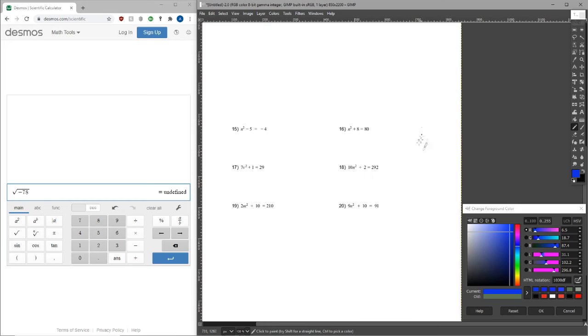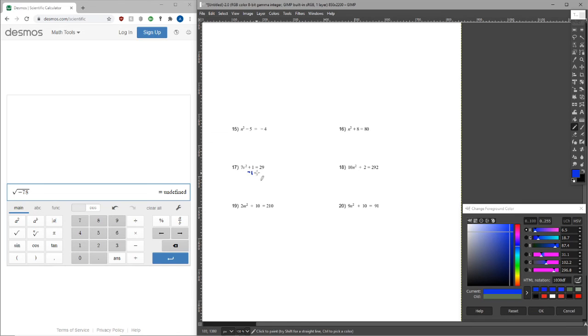Okay, let's go on to a little bit longer of a problem. Look at number 17. This looks a lot like your two-step equations where you ignore the variable and whatever's closest to it and do the addition or subtraction to get rid of it first. And you're going to do that same thing here. So the opposite of adding 1 is subtracting 1.